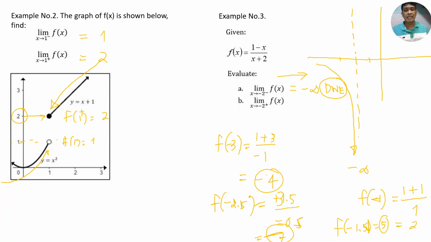So, as you can see, as it gets closer to negative 2, it becomes more positive. So, ang function value natin ay becomes more positive. So, the value it approaches is positive infinity. But since you can never reach that infinity, ang answer natin also is the limit does not exist. So, the limit does not exist since hindi defined yung value na ina-approach niya.